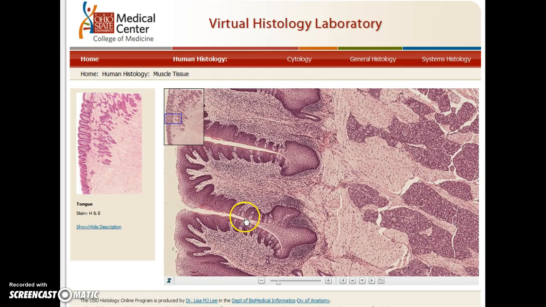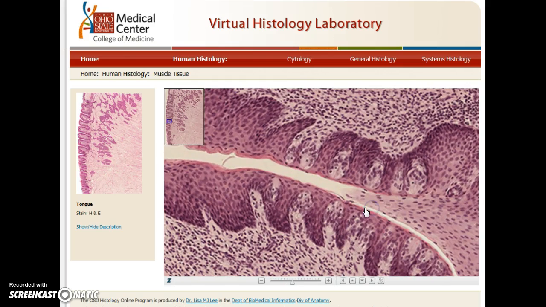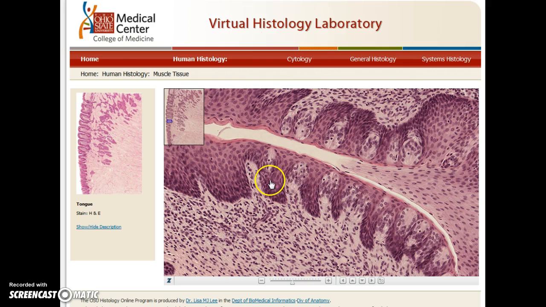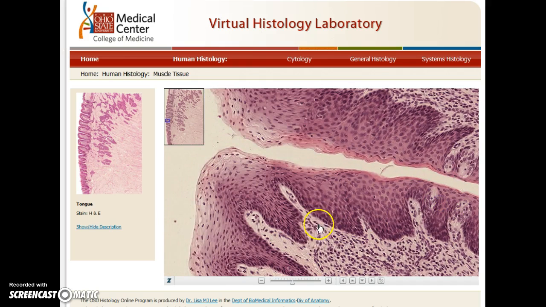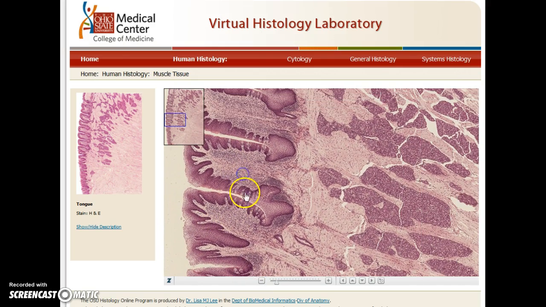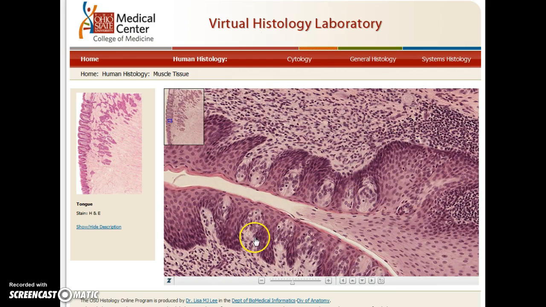And then this groove in between each papilla, the food that you eat has to be dissolved with the saliva, and it has to go down into these grooves so that they have access to the taste buds, which are kind of these little almost like grape-like structures here on the sides of each papilla. So you see there are several taste buds here, several taste buds on this portion, and those are on larger structures called the papilla. So on the tongue we have structures called papillae, and the papillae are the structures that have taste buds, and those are these little grape-like structures.